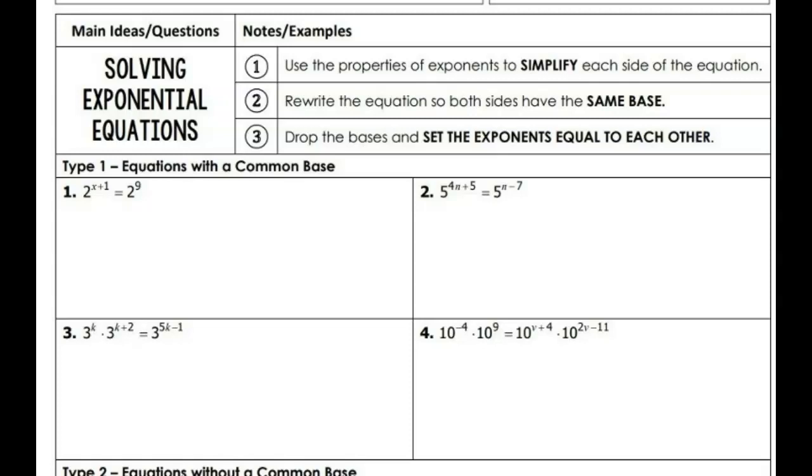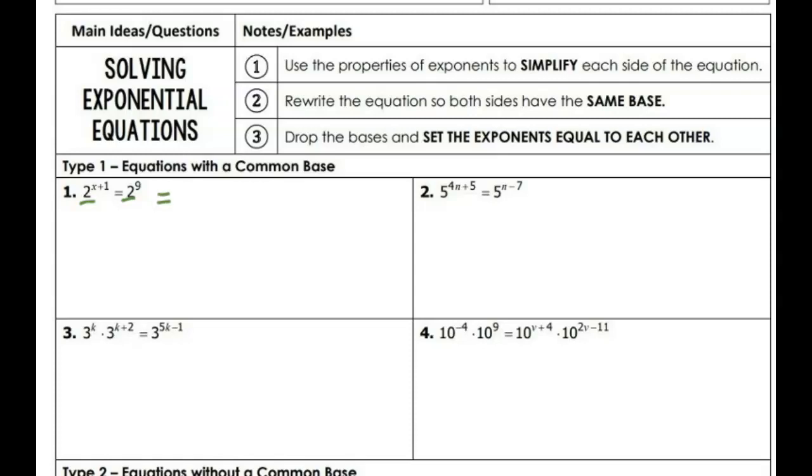So in the first example, you'll notice that these two powers already have the same base. So in order for these two to be equal, the exponents are going to have to be equal.